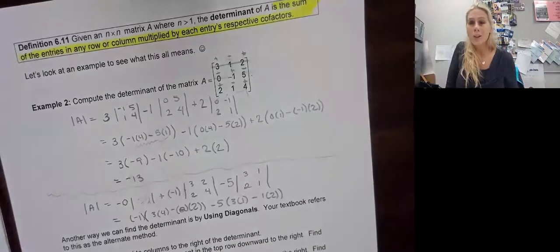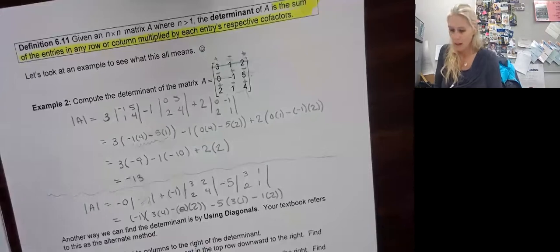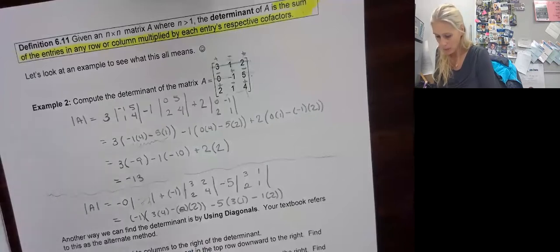And this time I'm going to do it all in my calculator, and you can even try it out to see that you come out with -13. 3 times 4 minus 5 times 3 minus 2. And what do you know?